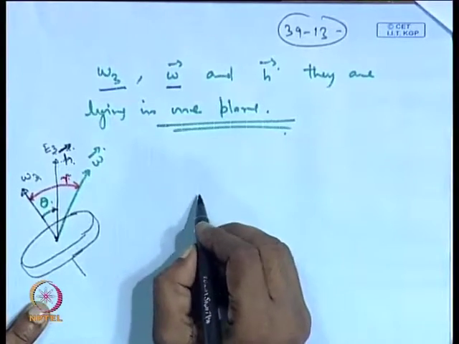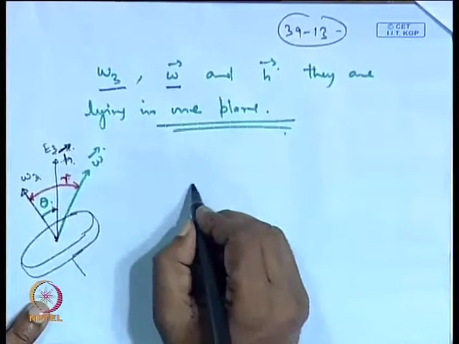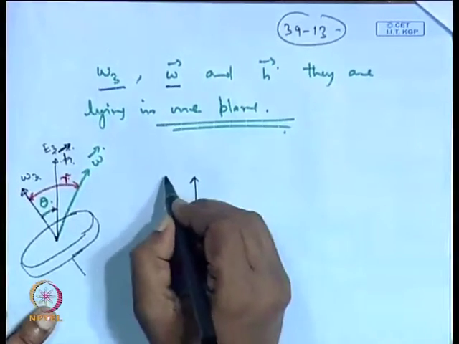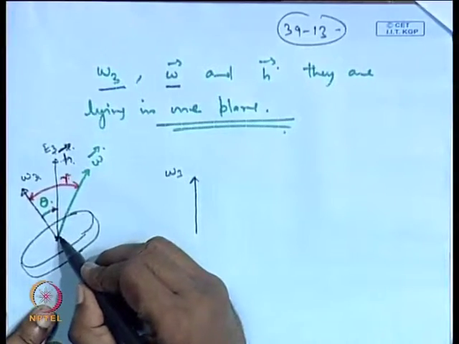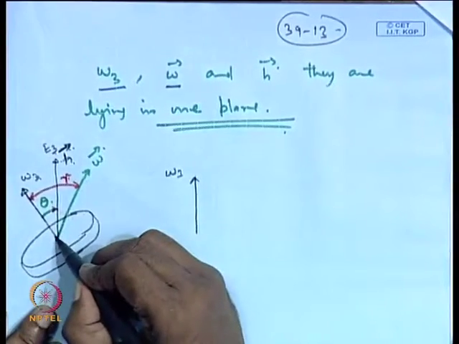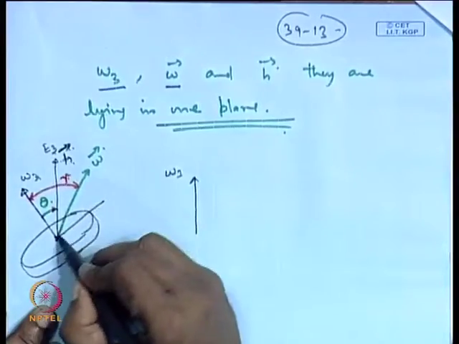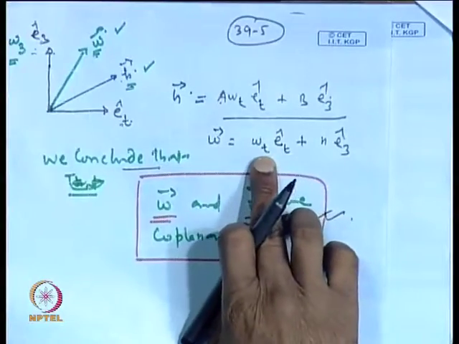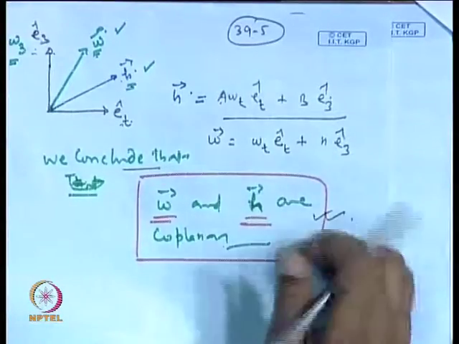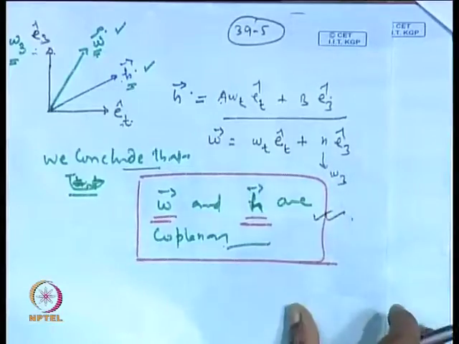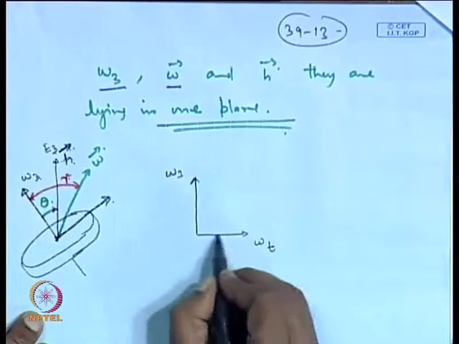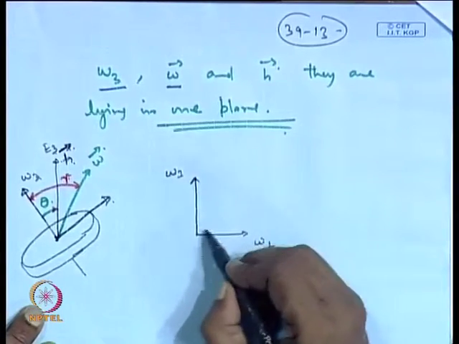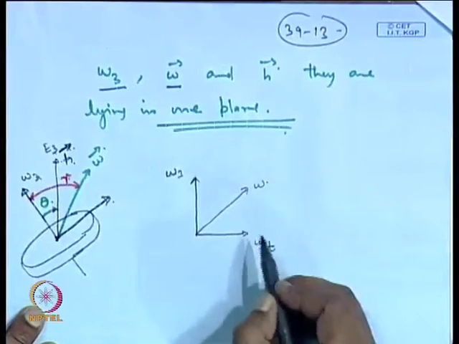So, you have omega 3 here, and omega t is also lying in the same plane, because we have just now seen that omega is composed of omega t and n, and n is nothing but omega 3. So, omega 3 and omega t are lying in the same plane. In the same plane the omega vector is also lying and the h vector is also lying.